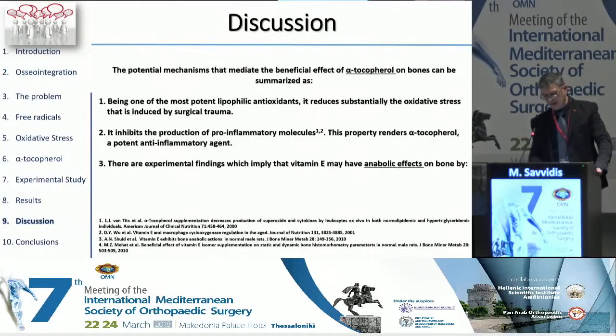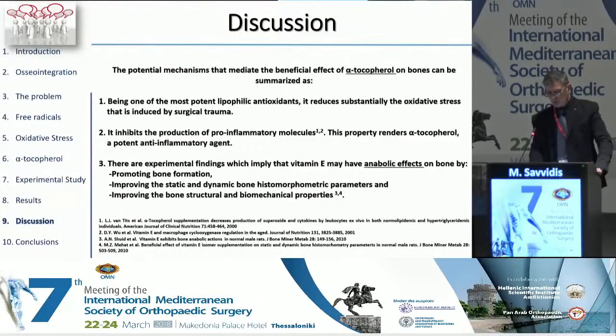There are experimental findings in the literature which imply that vitamin E may have an anabolic effect on bone quality by promoting bone formation, improving static and dynamic bone histomorphometric parameters, and improving the bone structural and biomechanical properties.